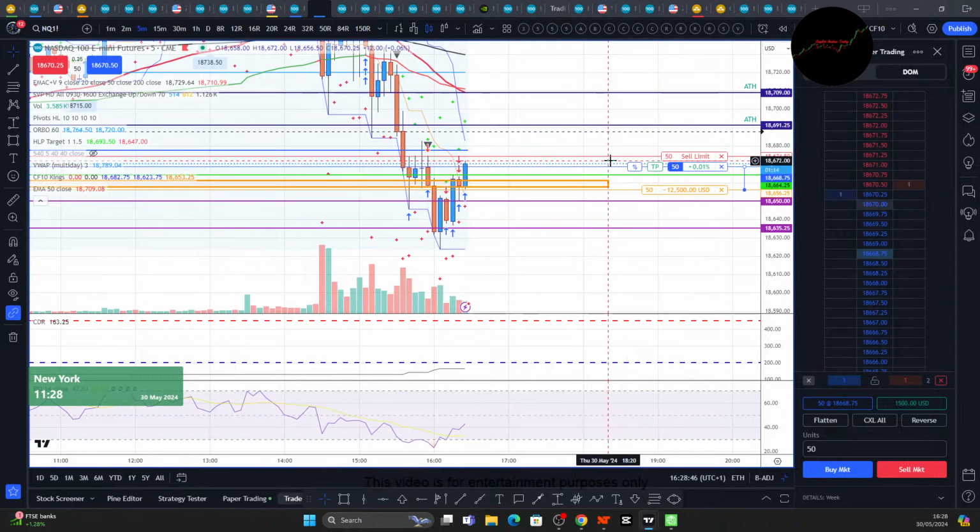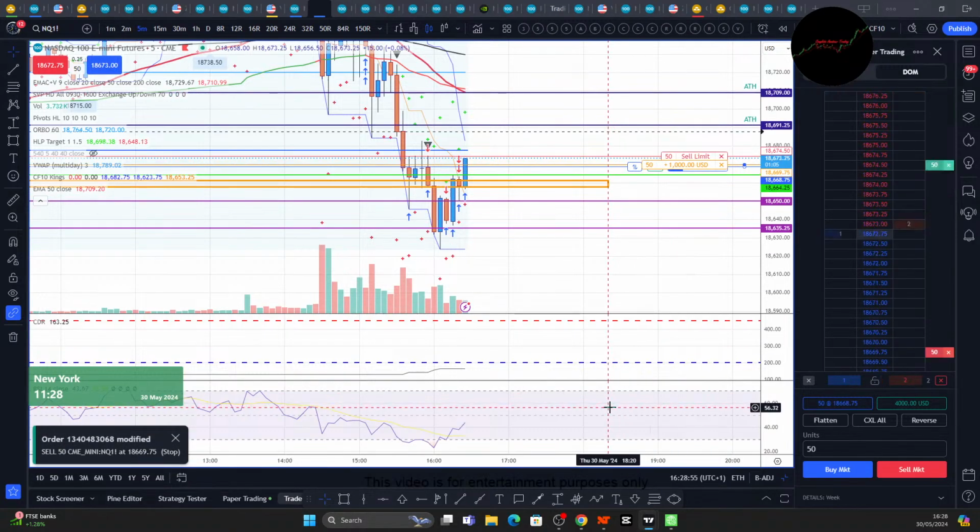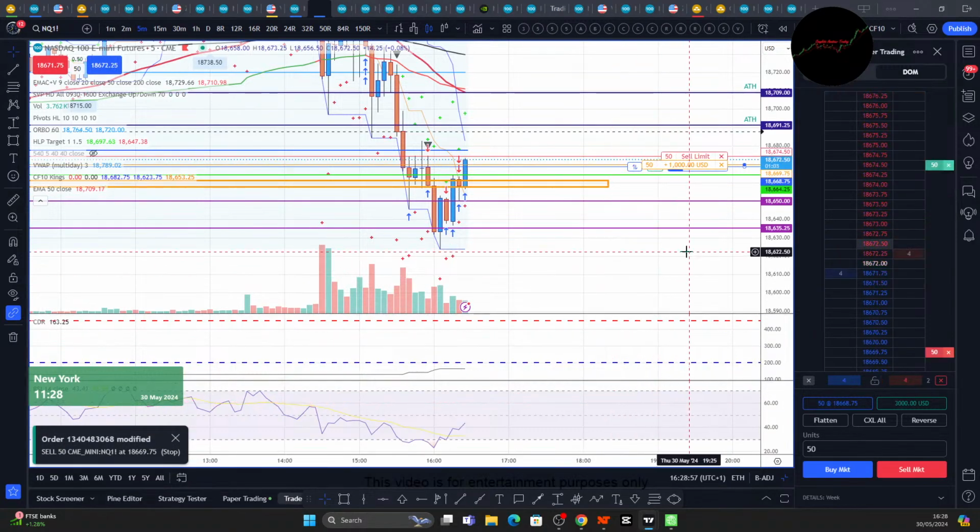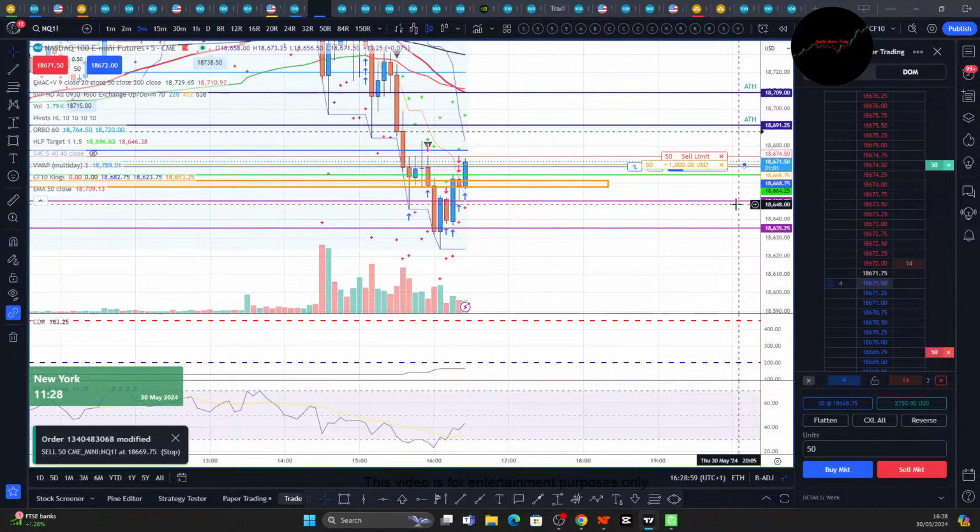So was that 72? Yep, adjusting my stop to break even. Looking for that move up towards the 74.50s. Price should just follow.